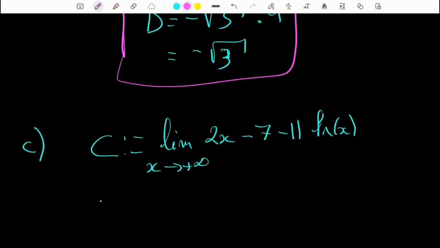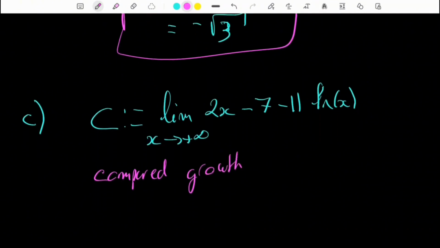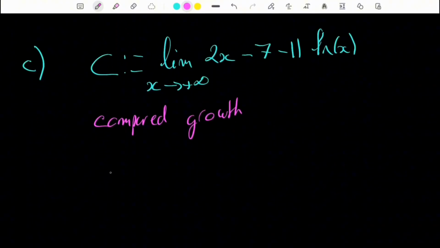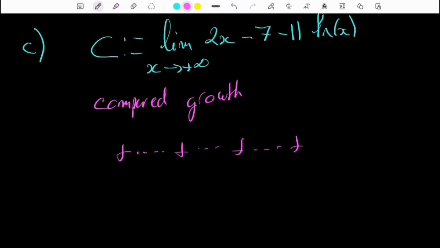We will use compared growth. Okay, what does it mean? It means that when there are some additions and we go to infinity, something is going to be stronger than another.